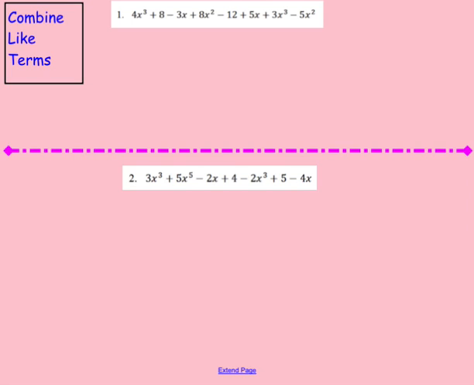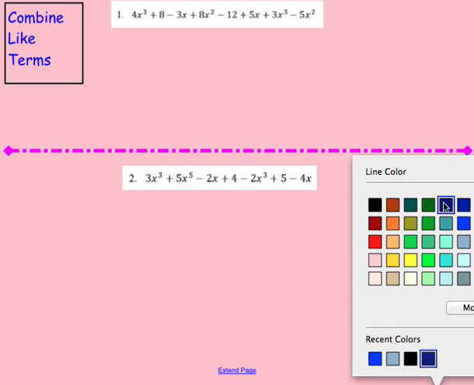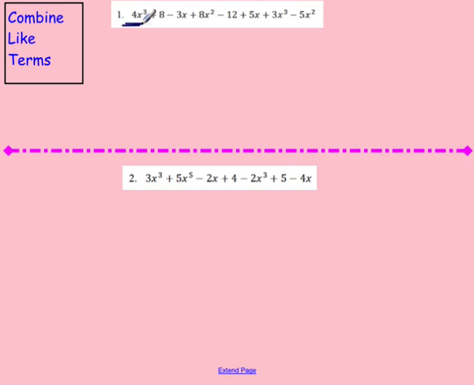So when we combine like terms, we always start by looking for the largest exponent. So in this first one, I see that 4x cubed is our largest exponent. So when I go to add those two terms, I'm going to add the coefficients, but I'm going to keep the exponents the same. When you are adding terms, you do not add the exponents. You only add the coefficients. Our next highest exponent is 8x squared minus 5x squared.